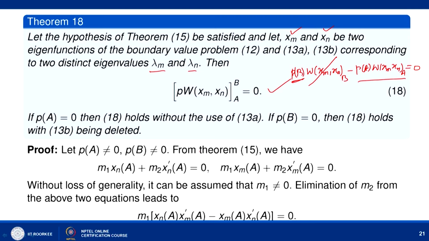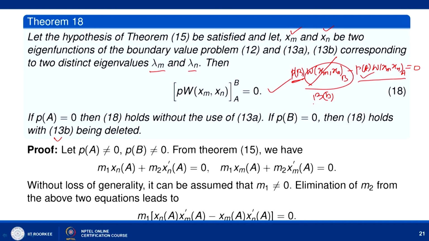That is what is written here. Then if p(b) is equal to 0, then we have to use only one, that is 13a, and if p(a) is equal to 0, then we have to use only one condition, that is 13b, the boundary condition given at the point x equal to b. So let us assume that neither p(a) nor p(b) is 0.